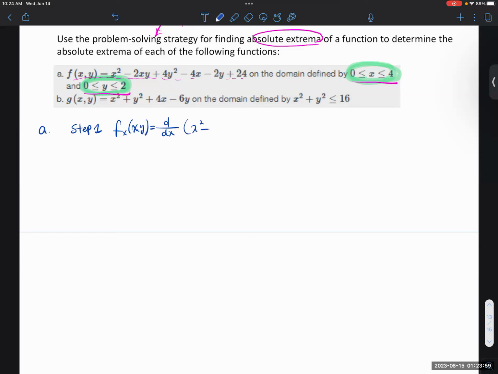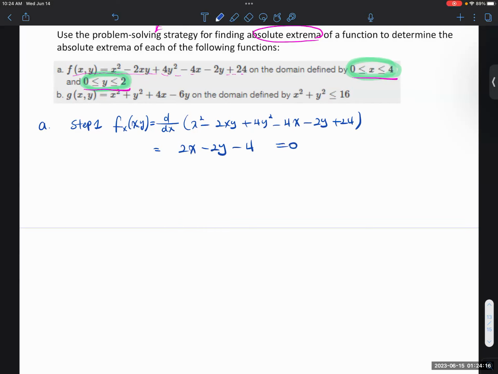The function is x squared, 2xy, 4y squared, minus 4x minus 2y, 24. The derivative of x squared is 2x, 2y is a constant with respect to x, the 4y squared term is 0, minus 4 for the x term, and 0, 0. So that should be equal to 0. Second, we take the partial derivative with respect to y, and I'm going to copy this.